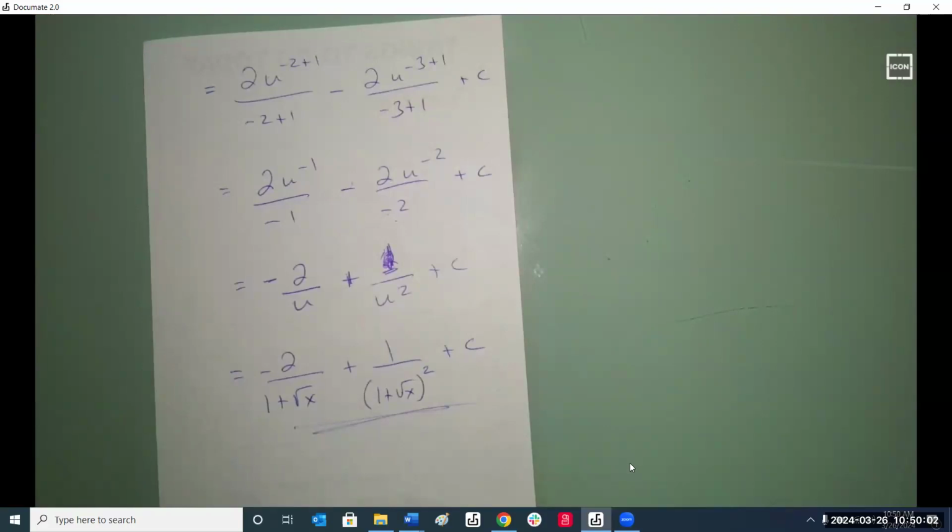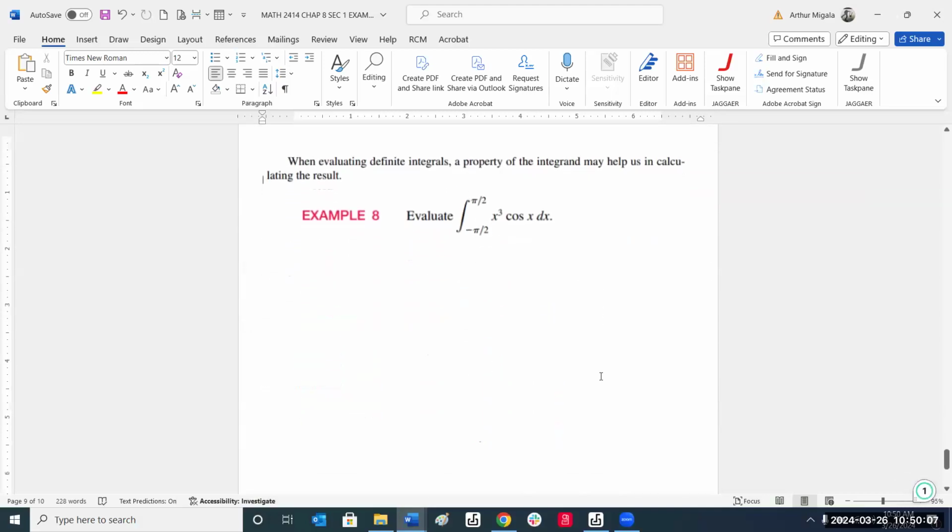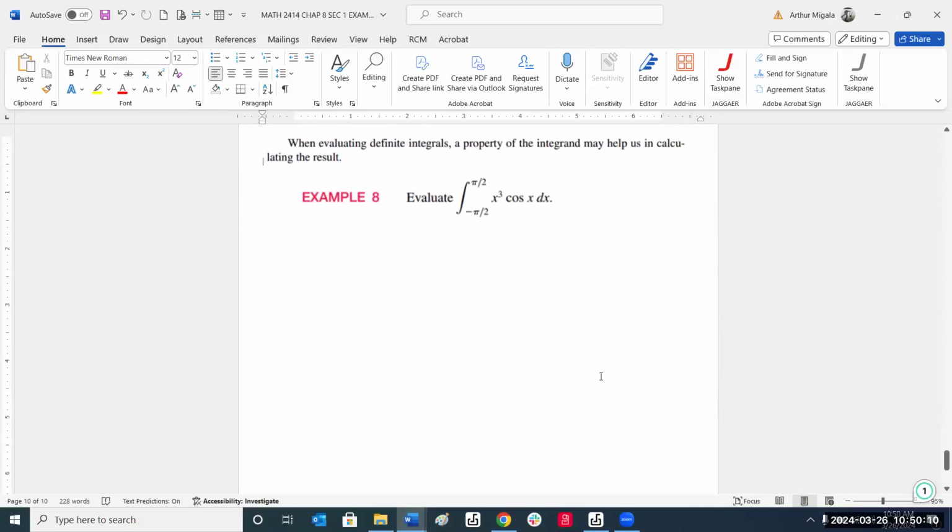All right, let's look at the last one. When evaluating an integral, the property of the integrand may help us in calculating the result. This one is pretty interesting. Example 8. This is another definite integral because we have bounds, negative pi over 2 to pi over 2, of x cubed cosine x dx.